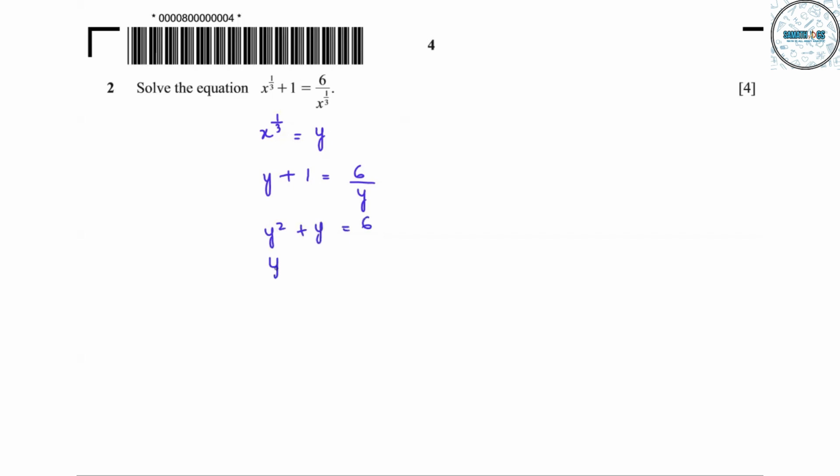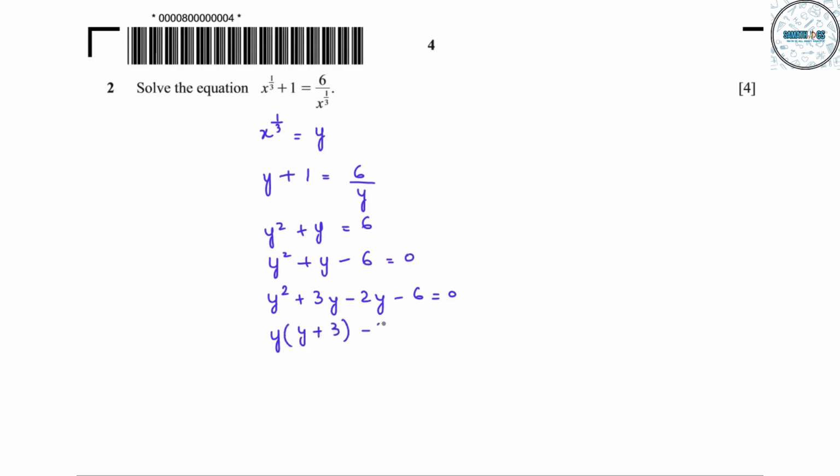Then we have y squared plus y minus 6 is equal to 0. So y squared plus 3y minus 2y minus 6 is equal to 0. We are doing middle term breaking. y is common, y plus 3.